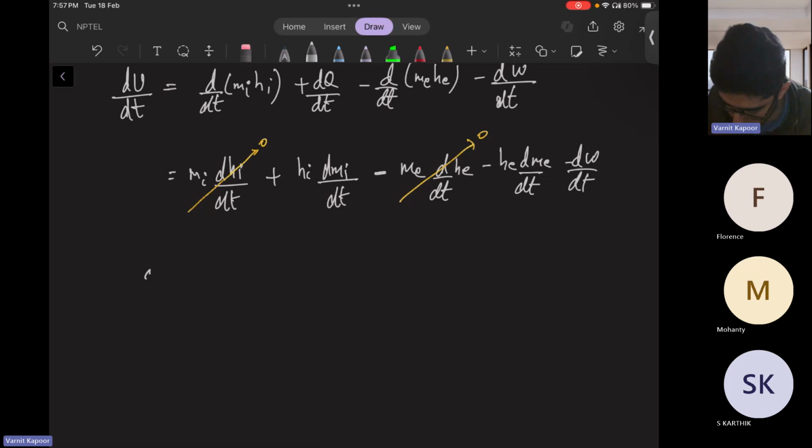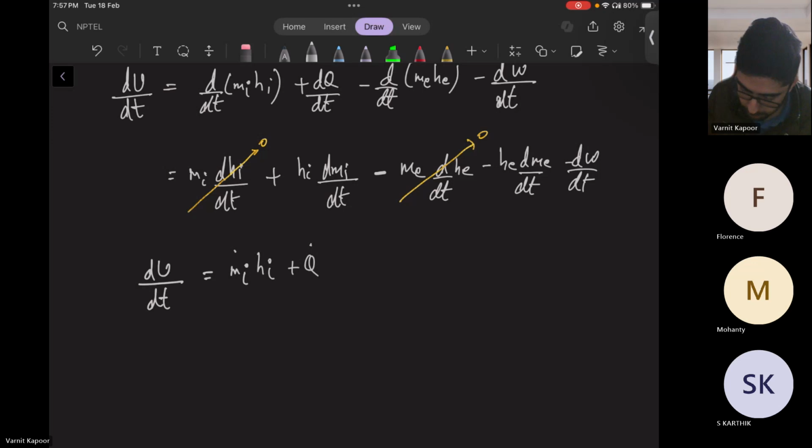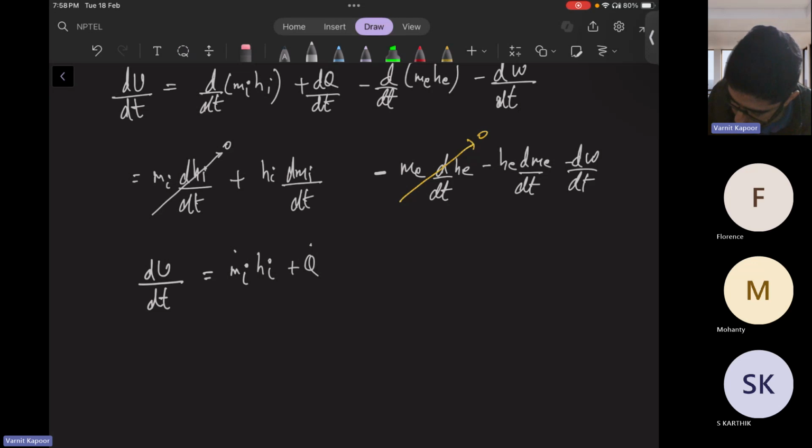So the final expression comes out to be dU by dt is equal to mi dot hi plus Q dot. Oh, I have missed the term Q here, so I'll place it here.